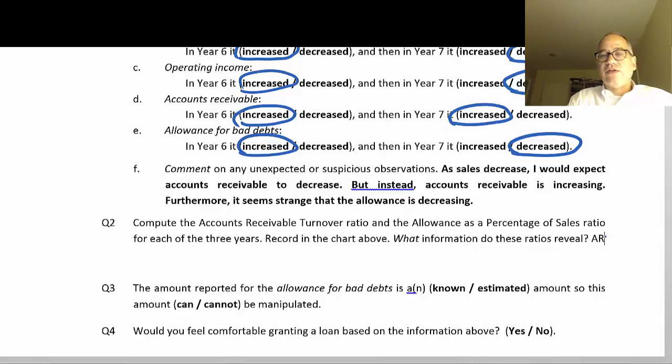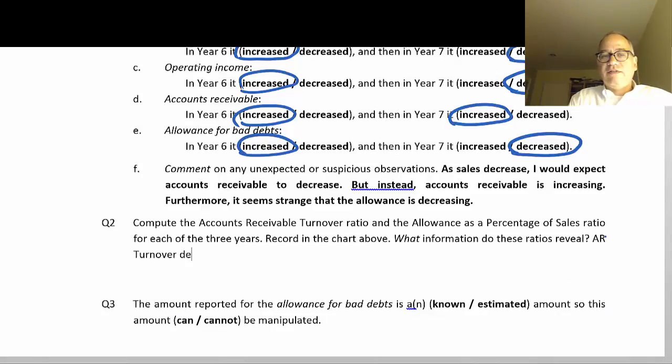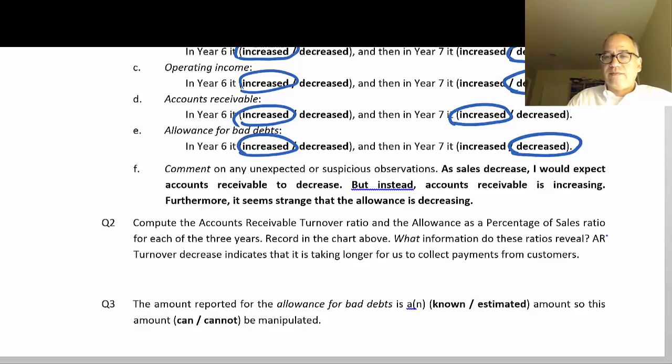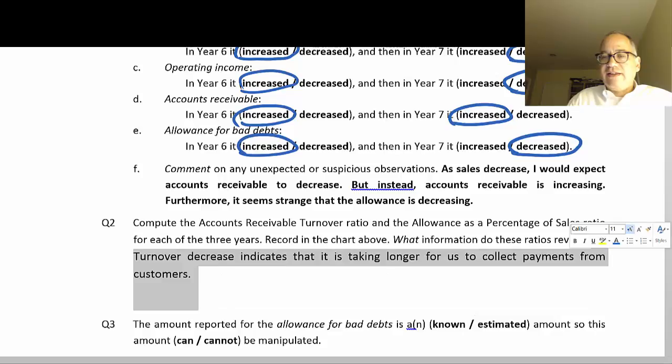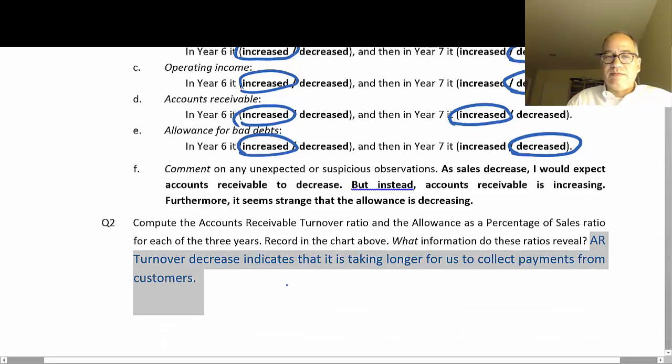So the AR turnover decrease indicates that it is taking longer for us to collect payments from customers. And that obviously indicates that there's some kind of problem.